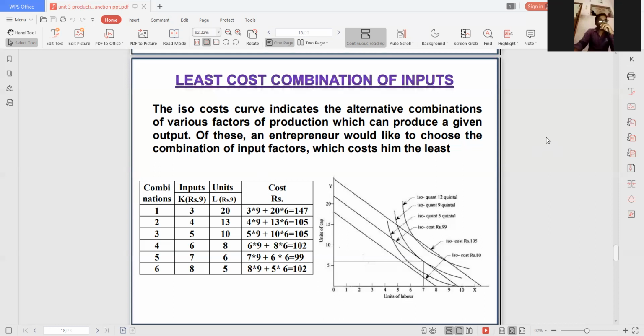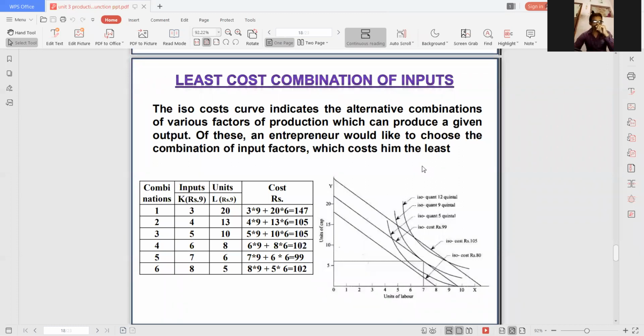So for the first combination, 3 units of output, 20 of labor and 3 of capital, 3 of technology. How much cost? 3 into 9 plus 20 into 6, not 9. Notify this point. 20 into 6, that is equal to 147.